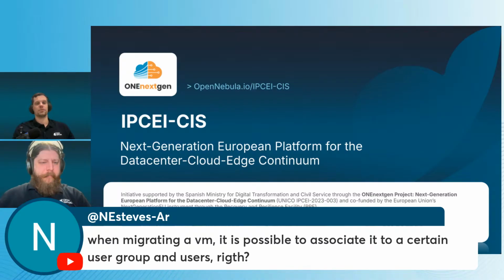But then we need to assume that the user is there in the OpenNebula environment, and if it's not there, then probably create one, or maybe assign it to one admin. So there are things to think about when it comes to this feature. Yeah, we'll evaluate a few different things and maybe put options in there so you can tell it to do that. Cool. Thank you for the question.